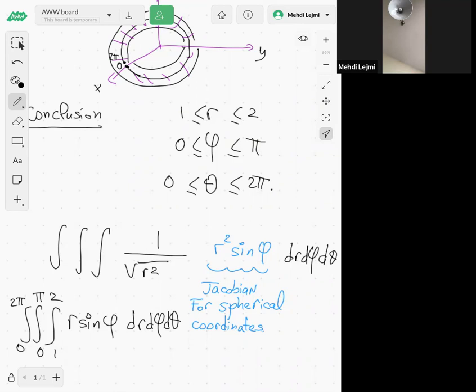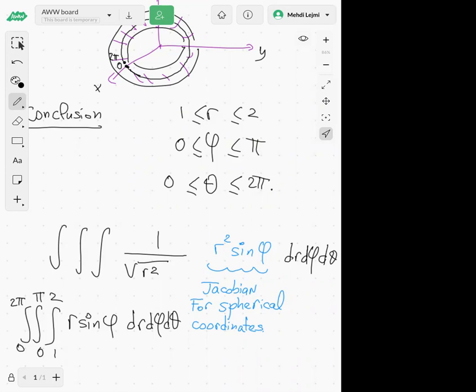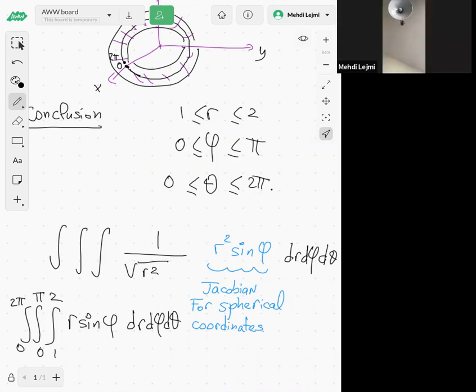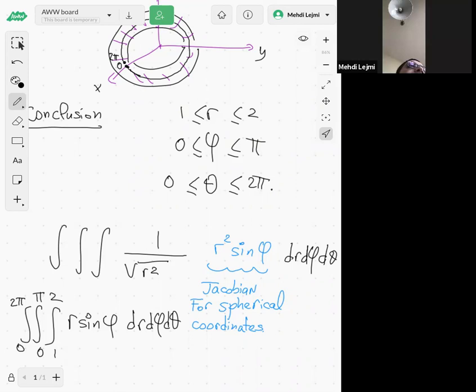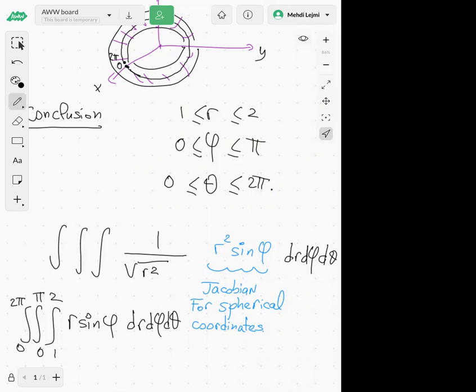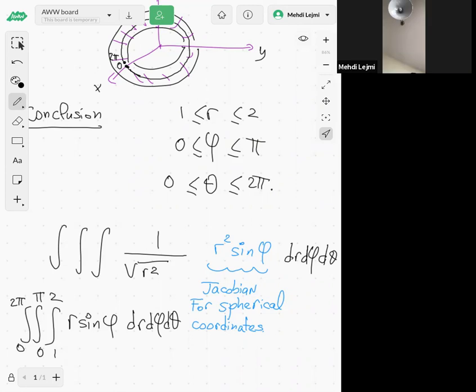David, does this answer your question? I hope it's more clear now. David, you said that you had trouble with problem number 3, polar coordinates, right? Yes, I want to just review the polar coordinates, make sure I'm doing it correctly. Homework problem 3?